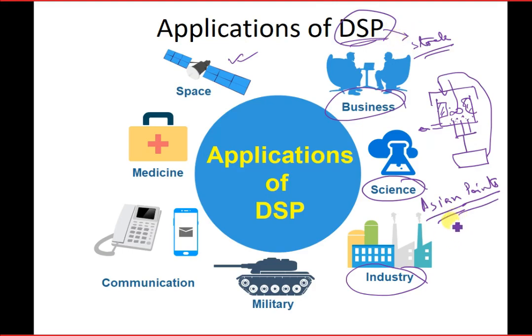Then military, you think of the night vision cameras, the armor vehicles, the tanks, whatever you think of, we use the DSPs over there. Then communication, we communicate with each other through mobile, via email. Not only by this, we have these digital IP phones also, which help us in communicating with persons who are staying far apart from us.